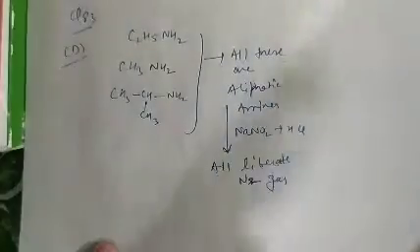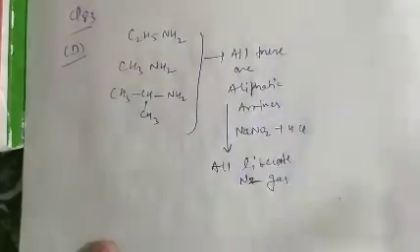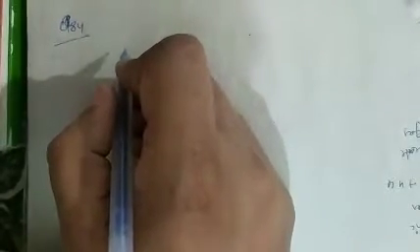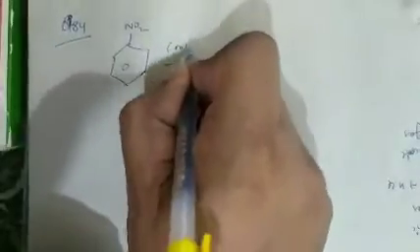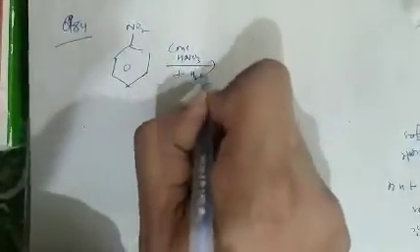See question number 84. In question number 84, what is given there? Nitrobenzene on further excessive nitration, meaning again concentrated HNO3 added with H2SO4.